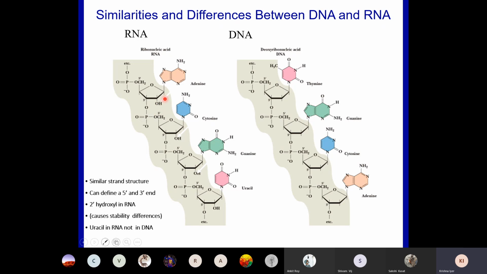Now, the interesting part is the presence of an OH group at this 2' position actually makes RNA very unstable. The reason for this instability is that the lone pair present on this oxygen can attack this phosphate here, and when it attacks the phosphate, it can eliminate this CH2O, which will leave.